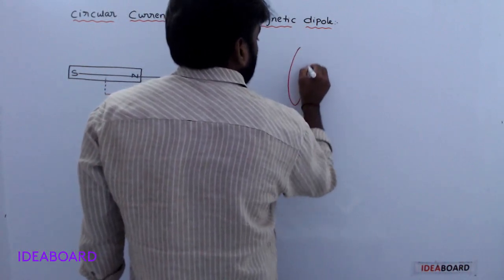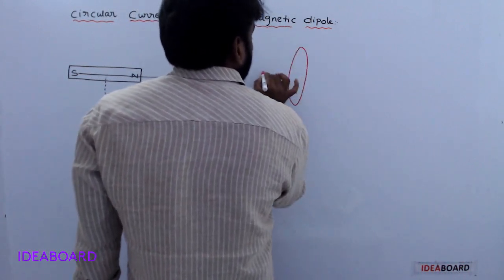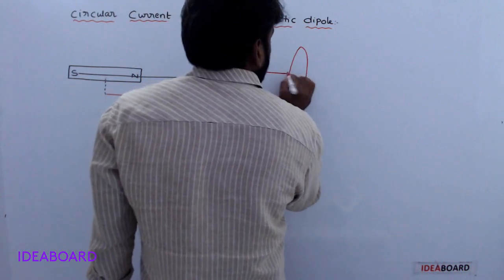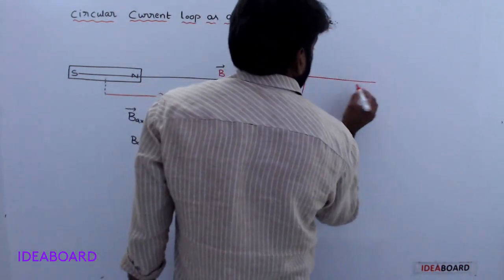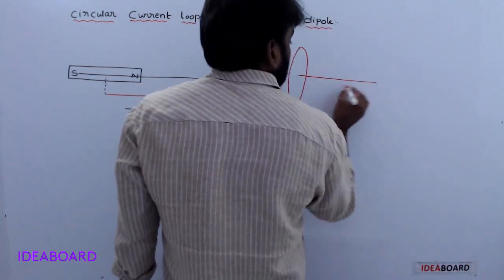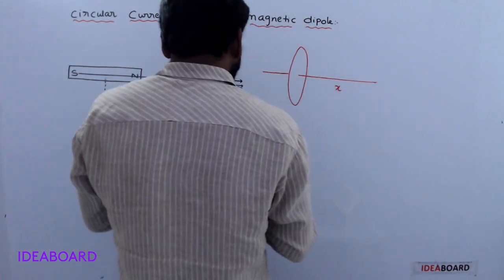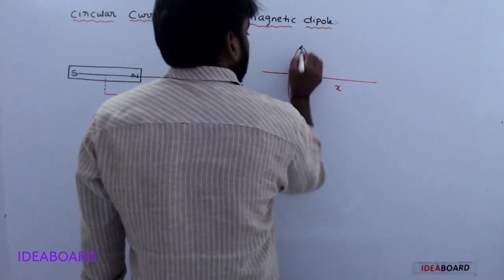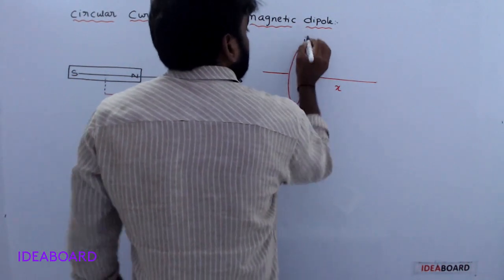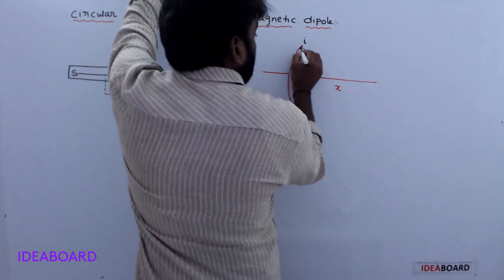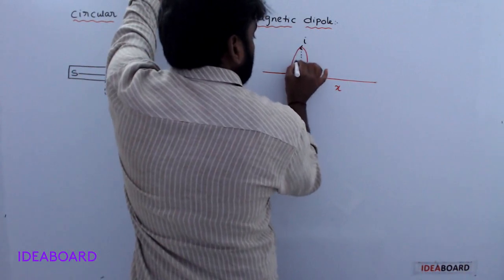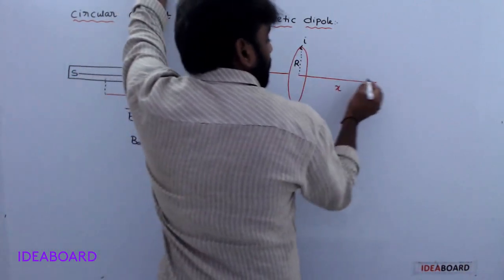You know already this one: a current carrying loop, and this is the axis. On its axis at a certain distance x, the passing current is I and its radius is r.